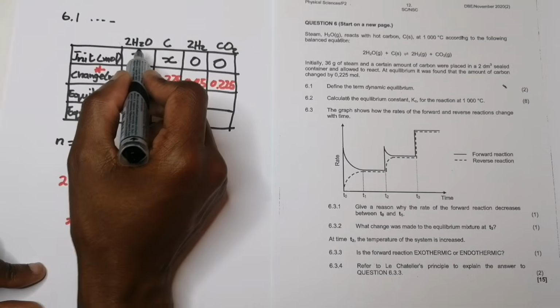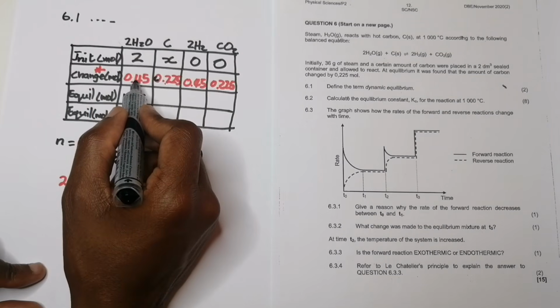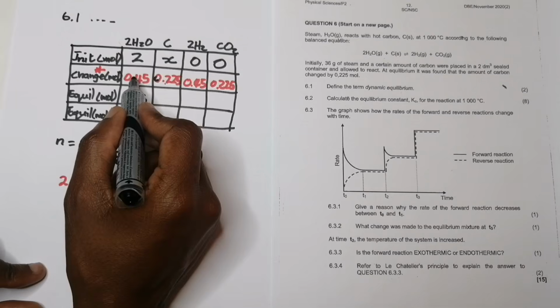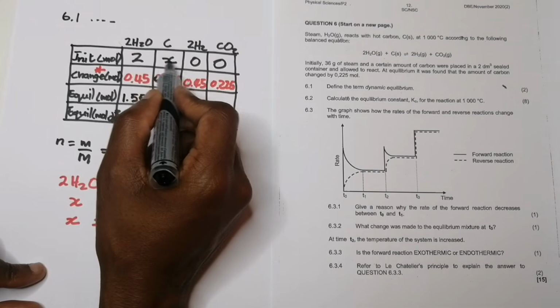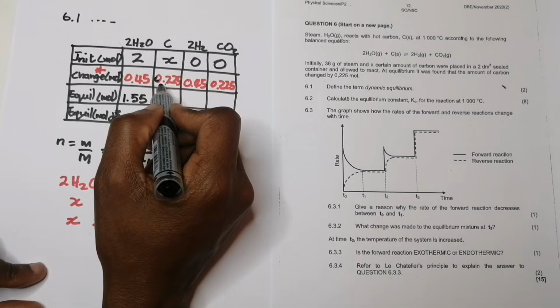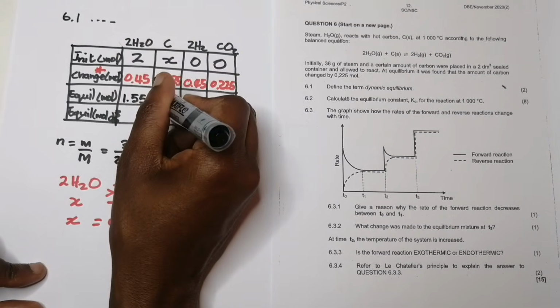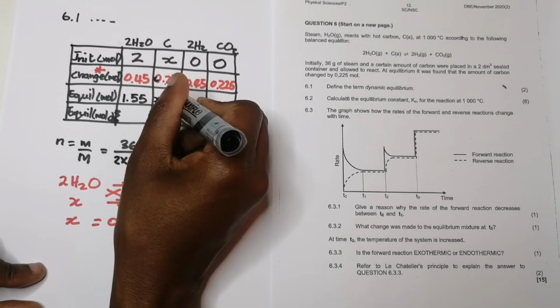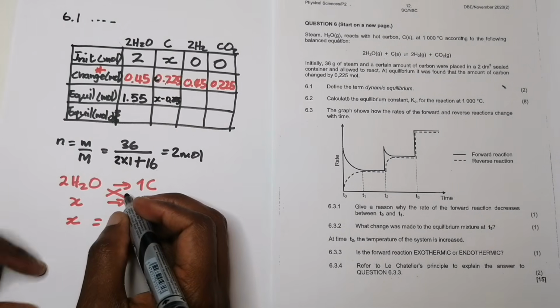So for these ones, whatever initial I start with, I subtract the amount that I changed by, and I get the amount at the end. The same thing here. I start with an X amount, I change by 0.225. What do I have at the end? It's X minus 0.225. Okay, right, I hope you understand that.